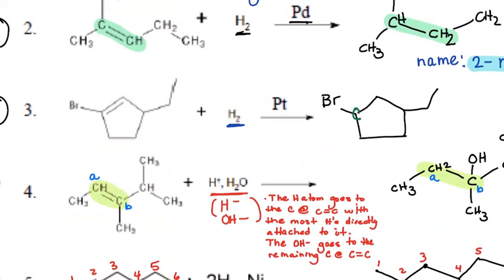You have a carbon atom and a carbon atom. This has a hydrogen already. So these 2 hydrogens, 1 goes here and 1 goes there. And now each of the carbon atoms has a full octet. They all have 8 electrons around them.